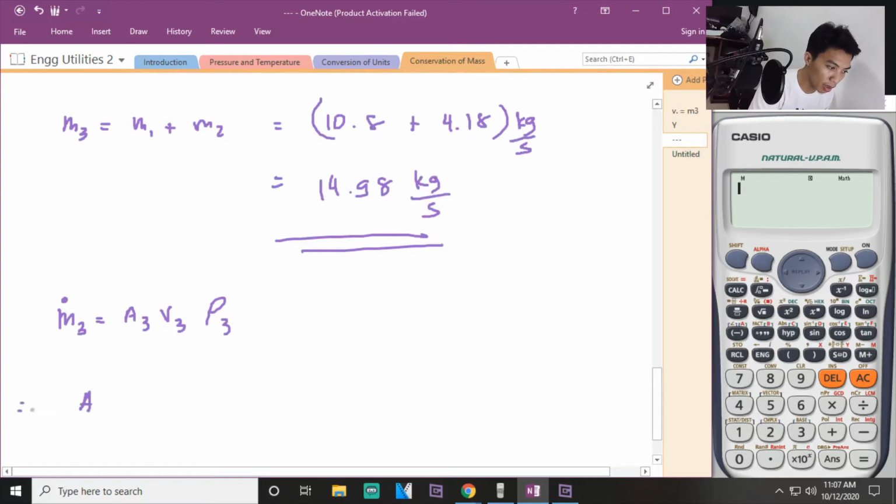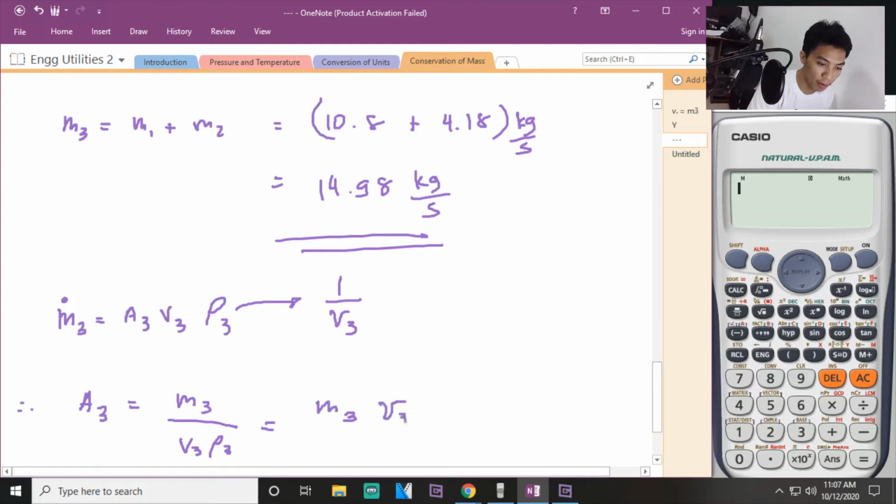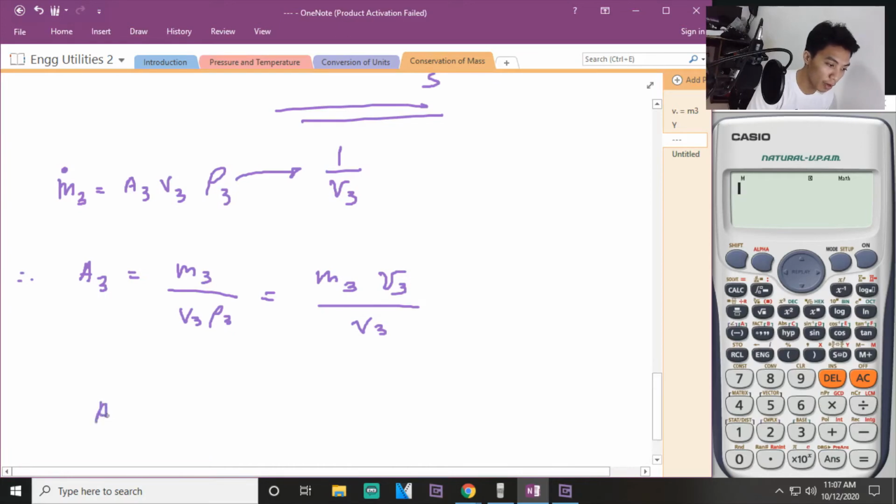Therefore, area 3 will be M3 divided by B3. Pero ang binigay kasi is 1 over. So, multiply natin siya. Equal to M3 multiplied by specific volume ni 3, V3. Yan. We can now solve for the value of A3.